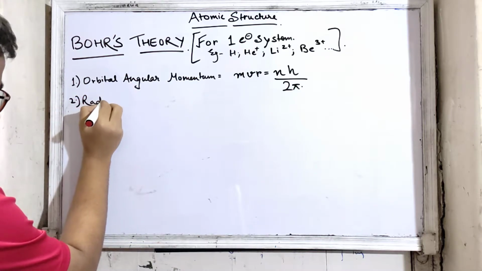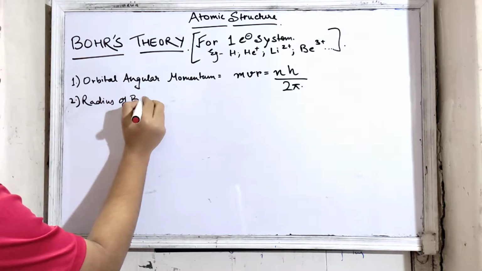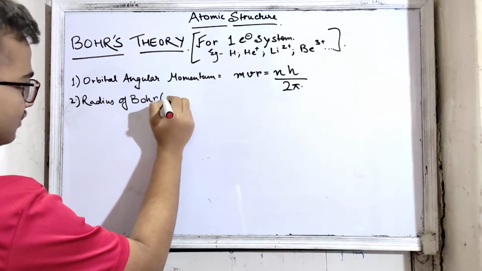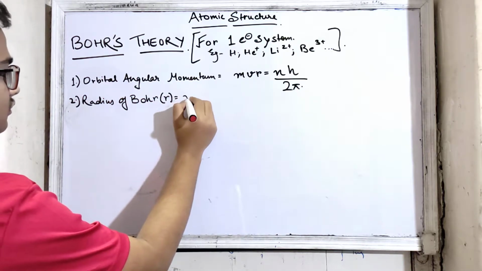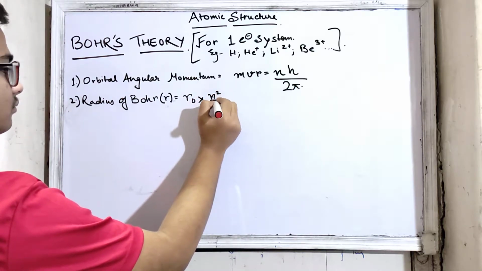Radius of Bohr. Now radius of Bohr, if we take it as r, is equal to r0 into n square by z.